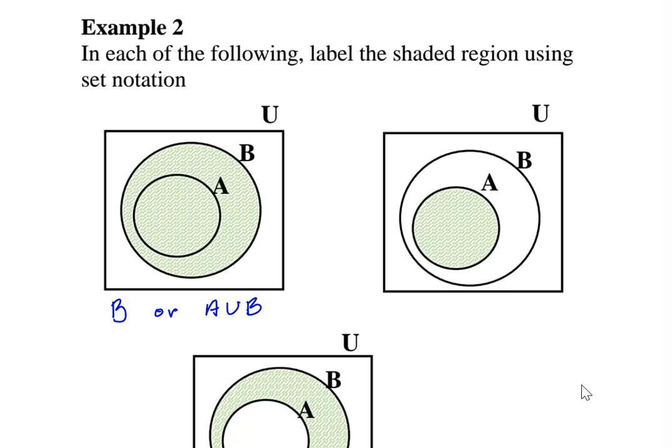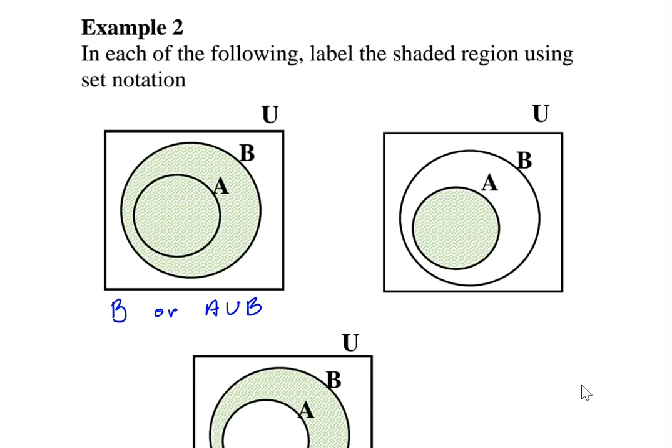A union B. Also, if you shade all of the elements of A and B together, it is A union B. But all the elements of A and B are all in B. So if you shade B, what you have shaded is B, or you can say it is A union B.